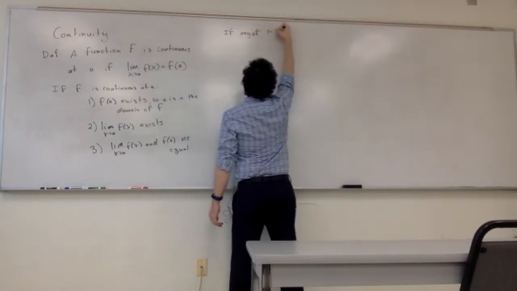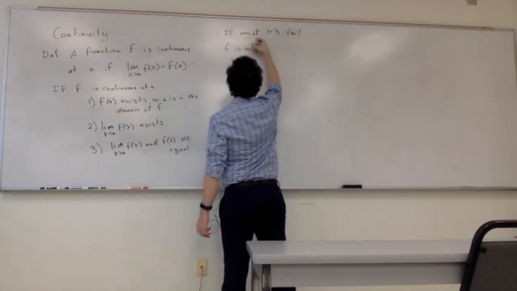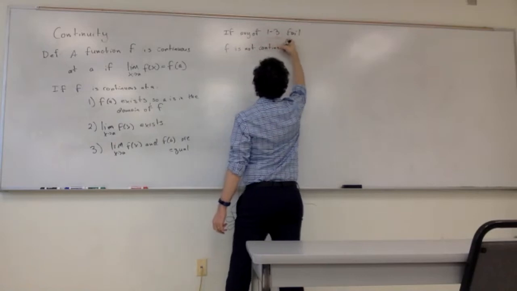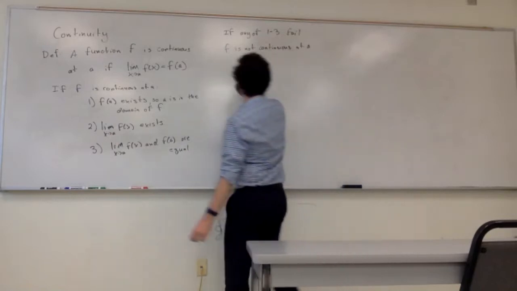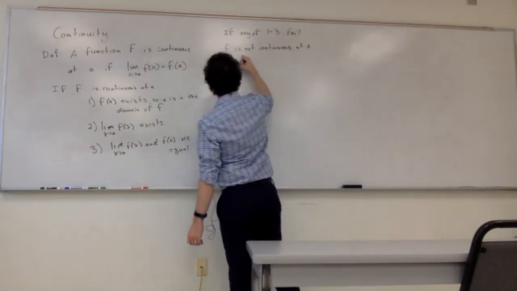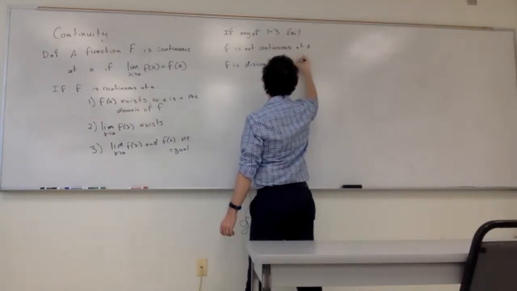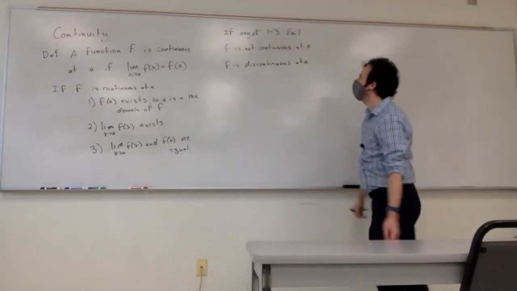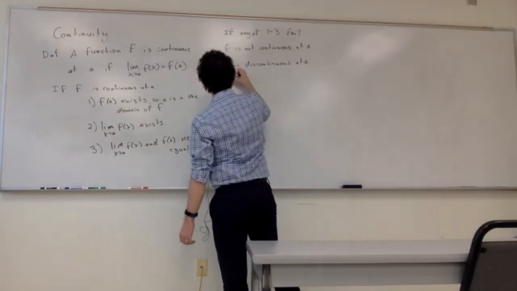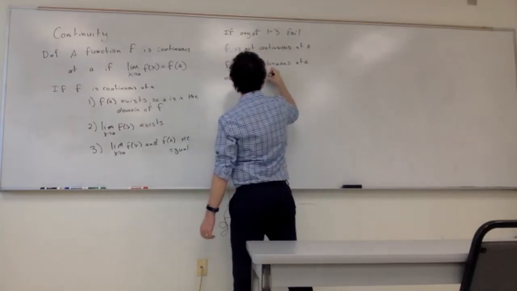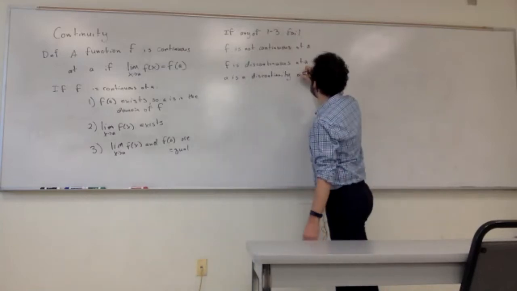So if any of 1 through 3 fail, f is not going to be continuous at A. Some other ways of phrasing this is that f is discontinuous at A, and also, as the adjective version, A is a discontinuity of f.